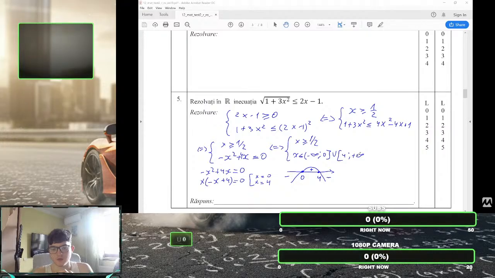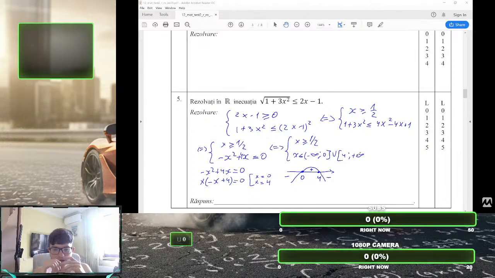So we have minus right there, because if we put, for example, 1 in the minus x to the second power plus 4x, we get minus 1 plus 4, which is positive.